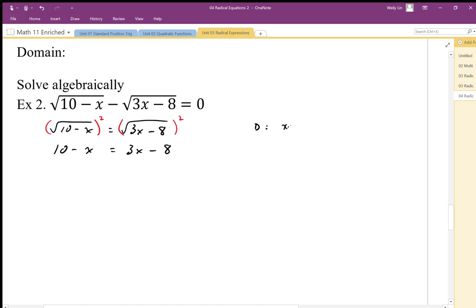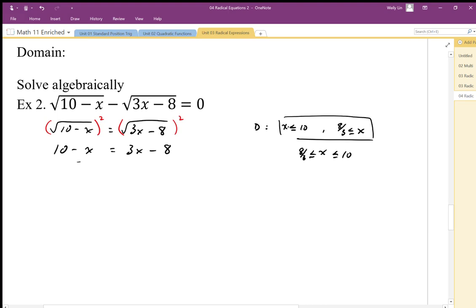So x is less than or equal to 10, and here x has to be greater than 8 over 3. Okay, so when we put this together, x has to be in between 8/3 and smaller than 10.